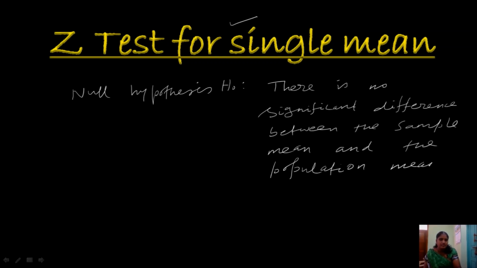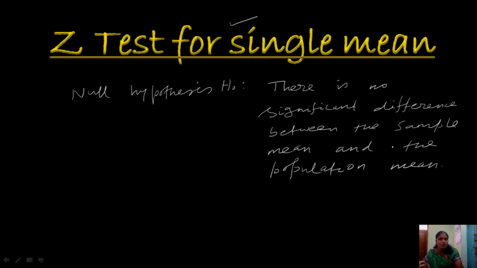That means the sample has been drawn from the same population. Or alternatively, we have to set up the alternative hypothesis: there is a significant difference between the sample mean and population mean.